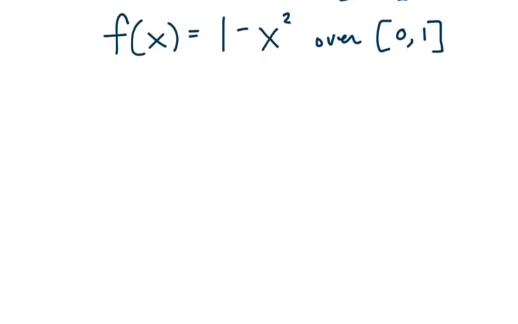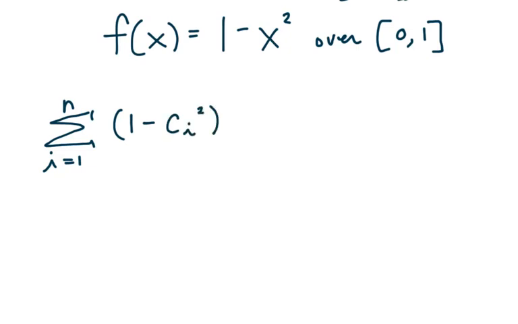So to start this problem, I'm going to set this up. I'm going to say, all right, let's do the sum as i goes from 1 to n of 1 minus c sub i squared times some delta x, right? So I'm going to choose a c value on each interval and then plug it into my function.